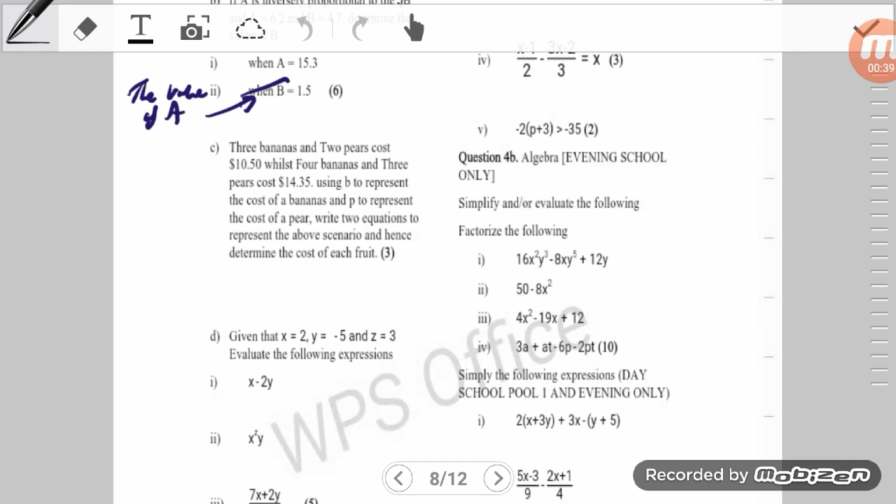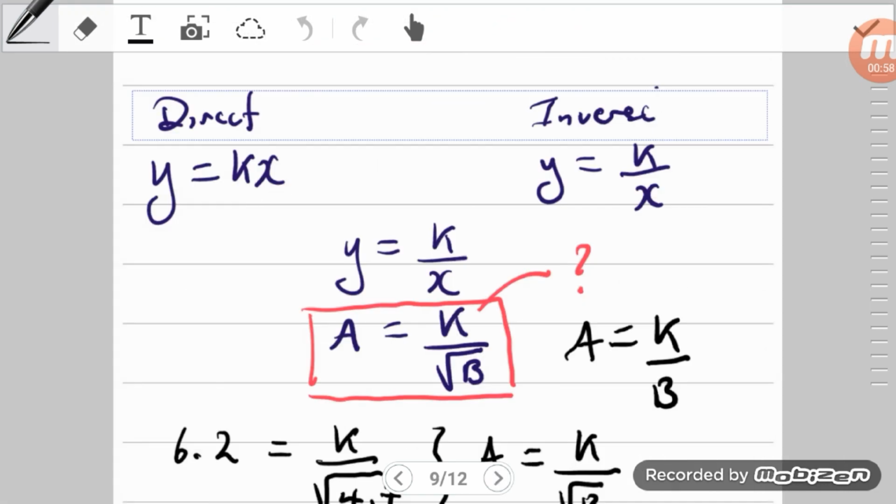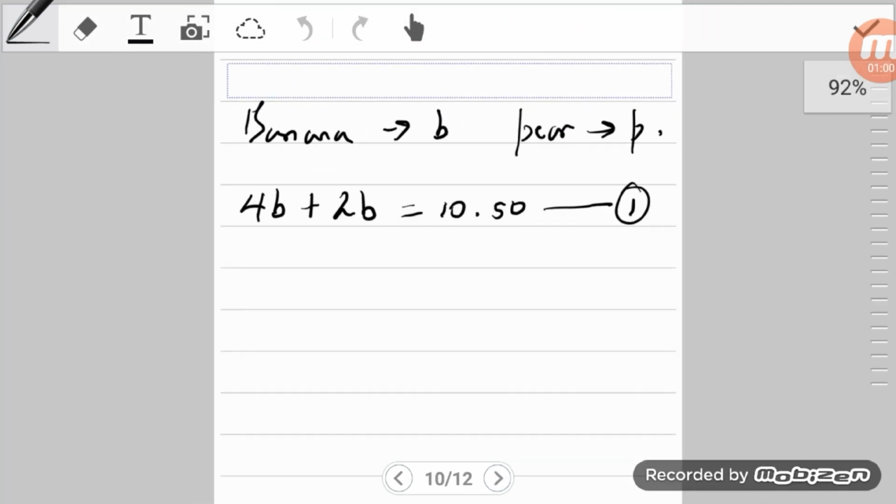All right, so this is clearly an indication that we're going to have to work out this problem using the simultaneous equation method, simply because we are dealing with 2 different unknown quantities and we need to find the cost of each. So in order for us to do this, let's first use an indicator here.